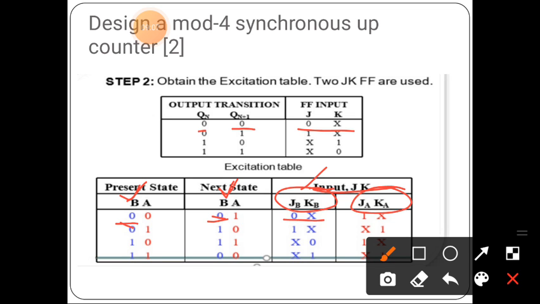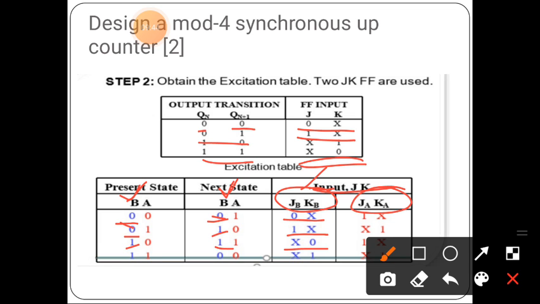Then the present value of B is 0 and the next value is 1, so 01, then 1x will be the JK input. Then the present value is 1 and the next value is 1, then 11. What will be the output? The JK input will be x0.